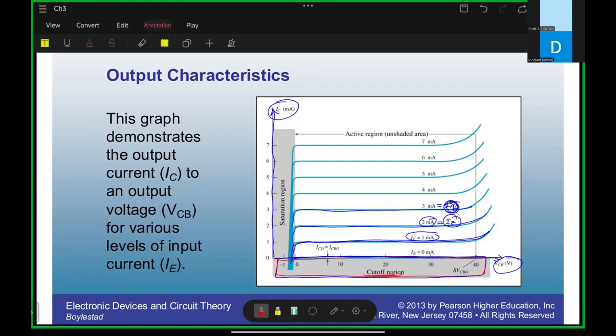Always remember, when your current is linearly increasing like this, that region represents the saturation region. And the rest of the region from here to here is the active region.